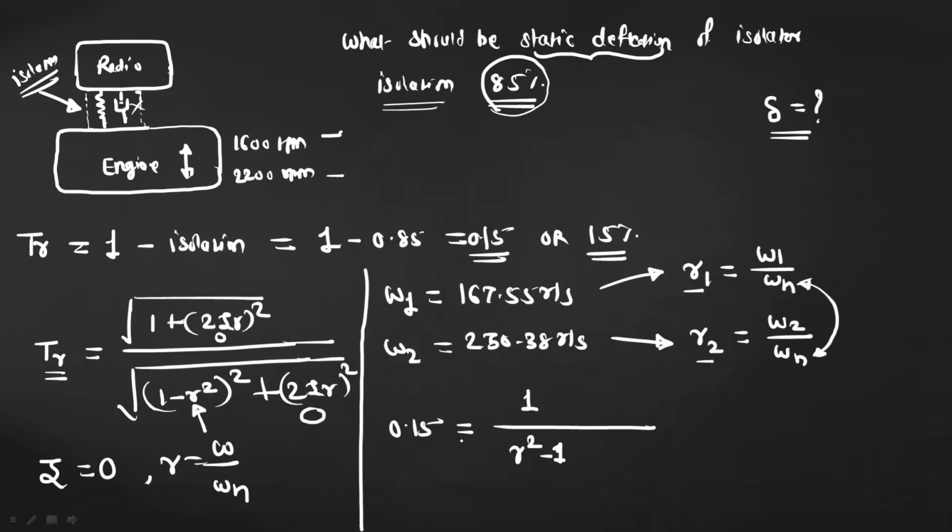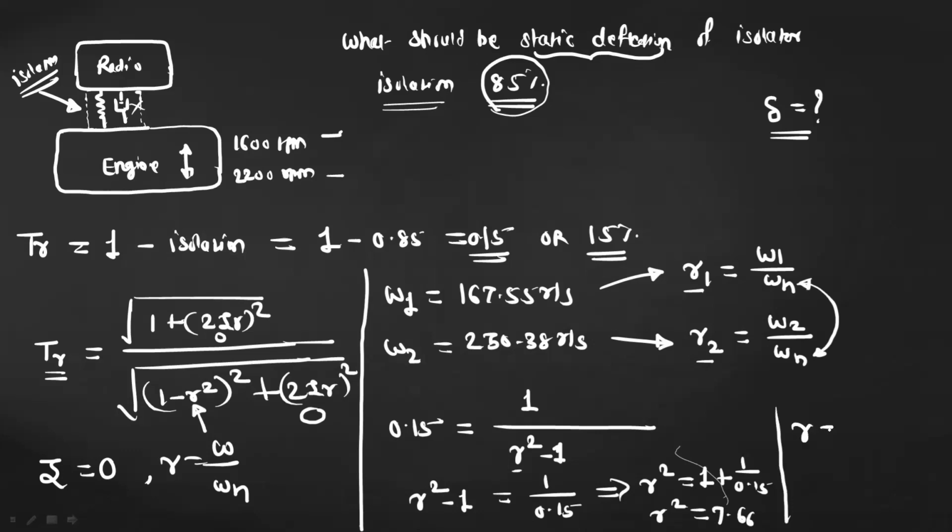And now find out the r square value. So r square minus 1 is equal to 1 upon 0.15. Take this minus 1 to the right hand side. Therefore, r square is equal to 1 plus 1 upon 0.15. So this value is 7.66.